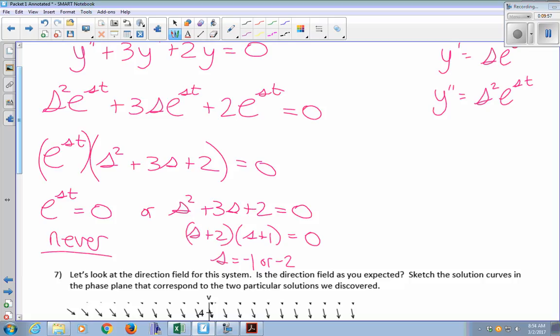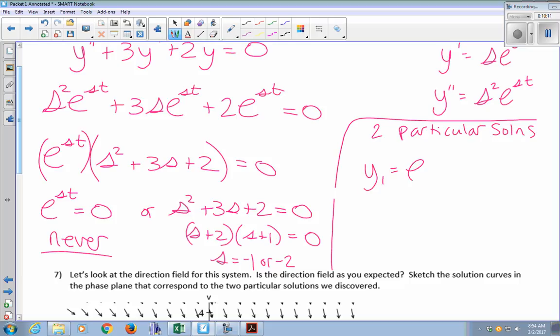I haven't found the general solution yet, but I found two particular ones. So I'm going to write that here. Two particular solutions. Y1, we'll call it, is e to the negative t. And my second solution is e to the negative 2t. Just e to the st, where I used those two as my s's.